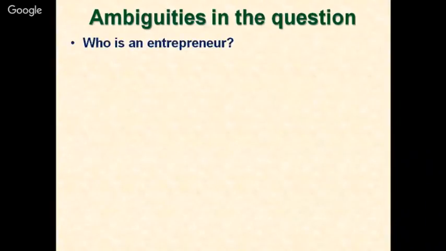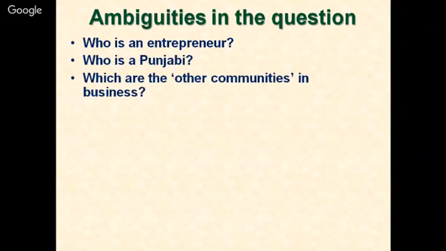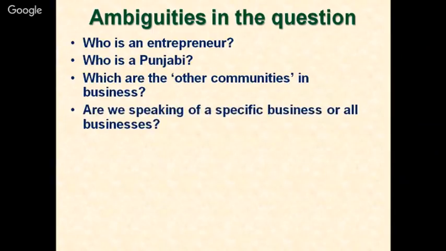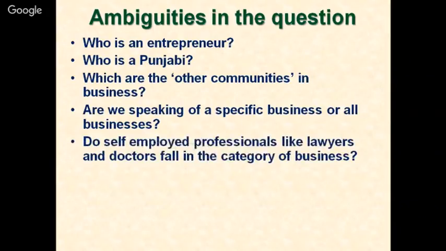Who is an entrepreneur? Who is a Punjabi? Which are the other communities in business? Are we speaking of a specific business or all business? Do self-employed professionals like lawyers and doctors fall in the category of business? Not clear, because the statement was very vague.